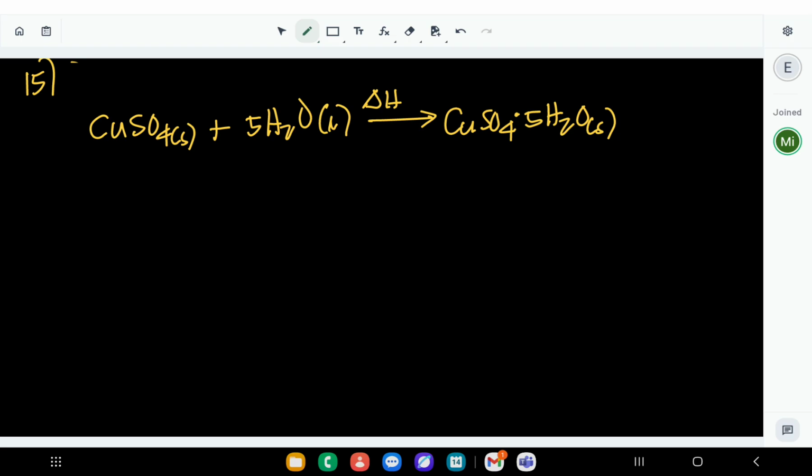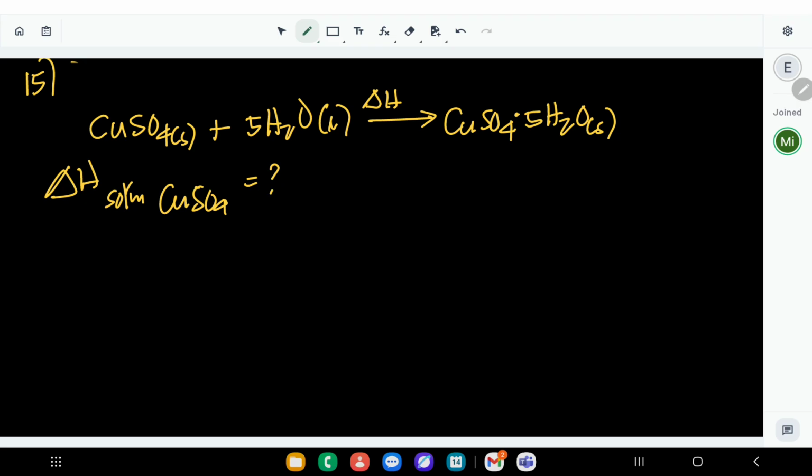Justify why volumes... Okay, we don't need to calculate this. State why different volumes of water are used. Okay, calculate the enthalpy change of solution, in kilojoules per mole, for anhydrous copper sulfate.